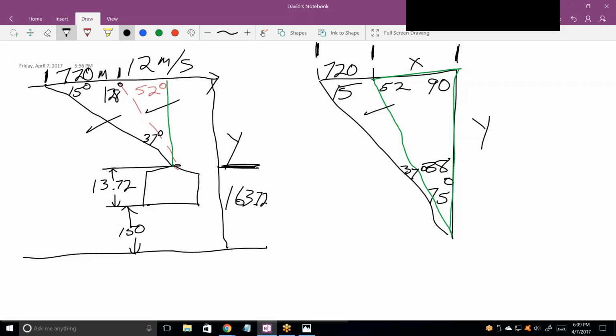Oh, right. Once I have that green line measurement, then I can solve for x. Once I can solve for x, I can solve for y, and then I have our answer. So let's start with, I'll call this the red triangle.